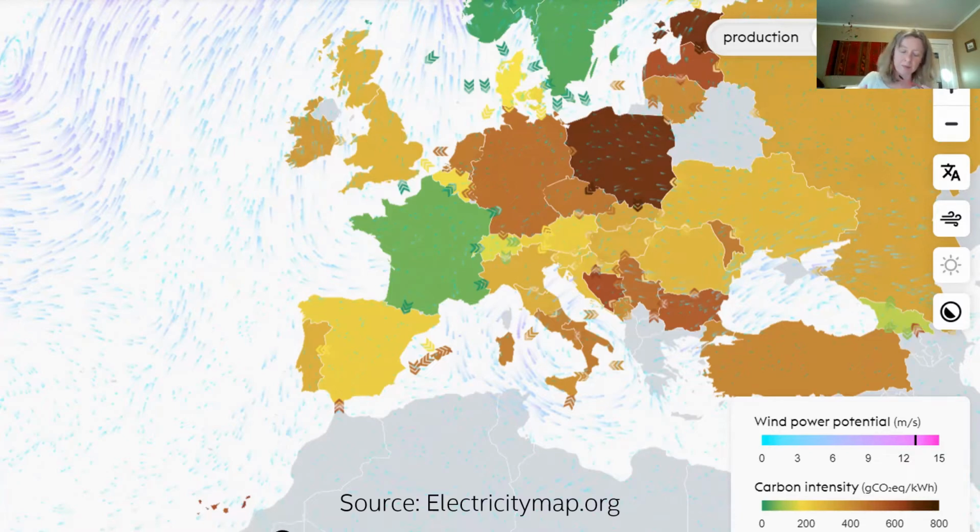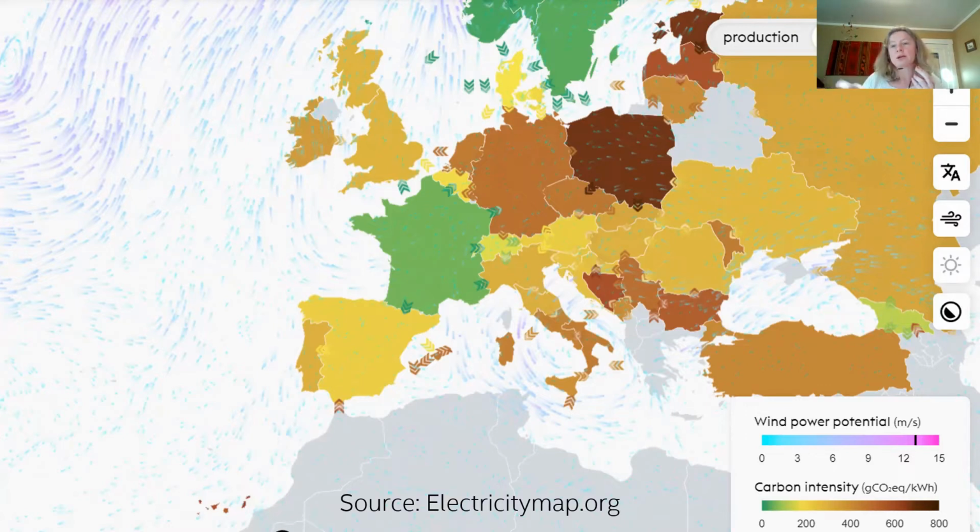So this is a map that I love going to. If you happen to be a map nerd like I am, and you have no problem wasting a good two hours of your life, I highly recommend going on electricitymap.org. What it'll show you is the carbon intensity for any given grid for that hour.